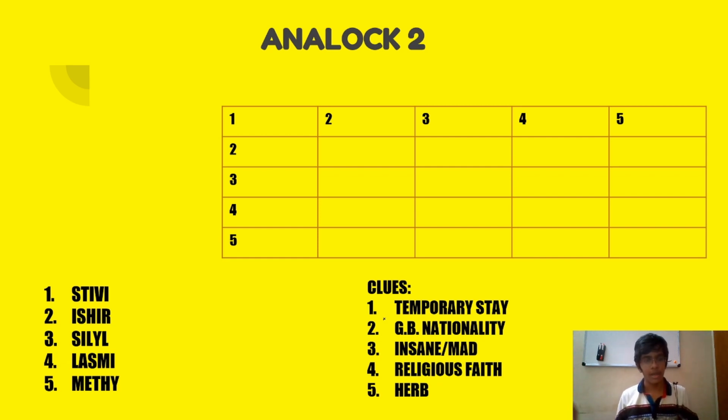Let us rectify it. So temporary stay means nothing but visit. Correct? Yes, visit. So visit is the correct word, and don't forget to write it vertically, or else it will be incomplete.